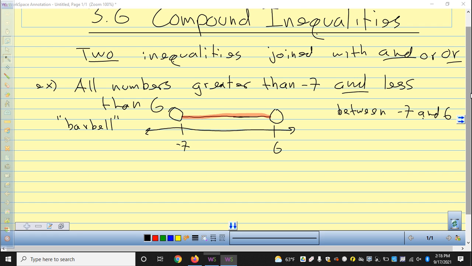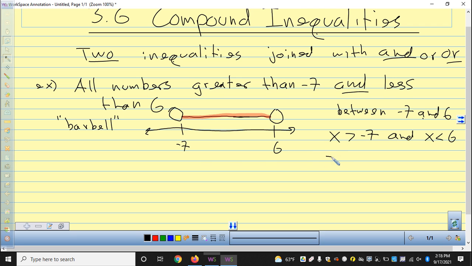And this is made up of two inequalities. x is greater than -7 and x is less than 6. And we can hook these together in kind of a fancy way.